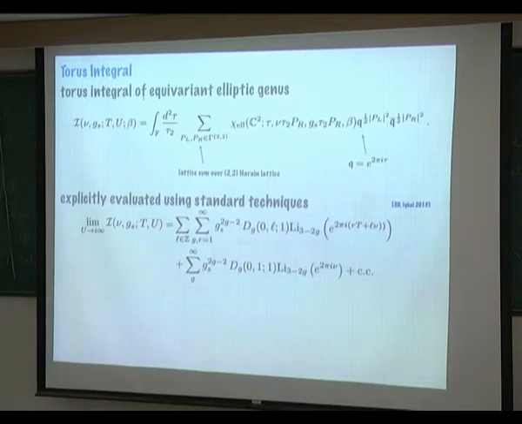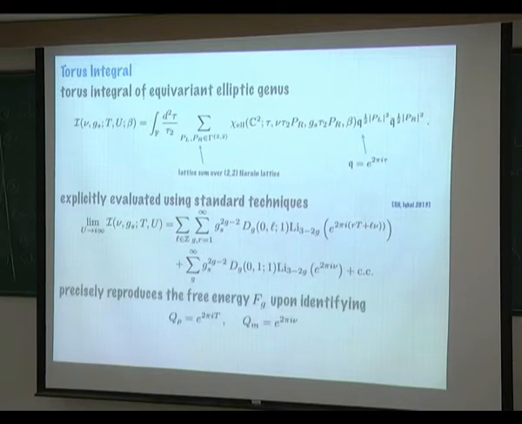If you evaluate this, there are very well-studied ways of performing this integration. And if you do this integration, taking the limit U to infinity, you exactly recover the free energy as before, upon, of course, identifying the moduli explicitly.